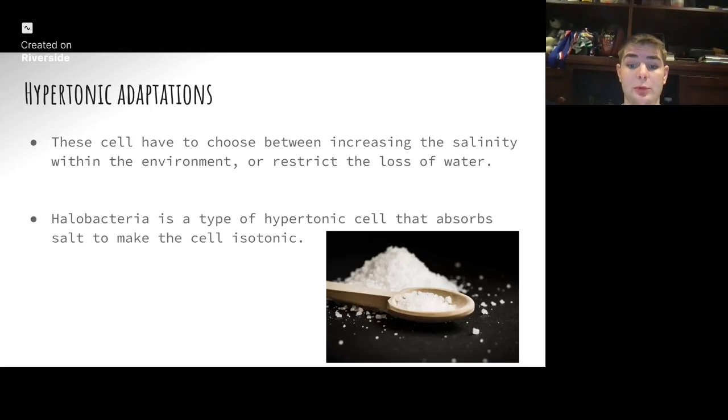Halobacteria is a type of hypertonic cell that absorbs the salt to make the cell isotonic. These hypertonic adaptations have a vital need for higher salt conditions. That's what I was missing.